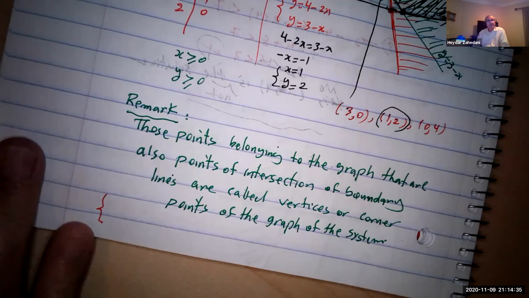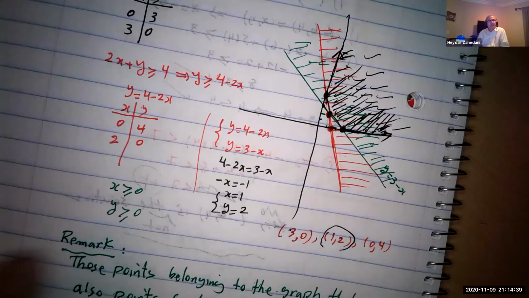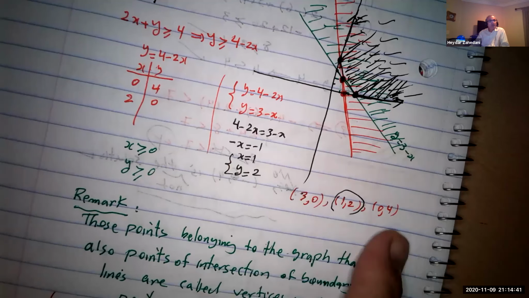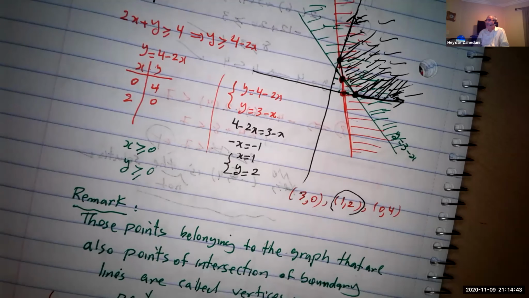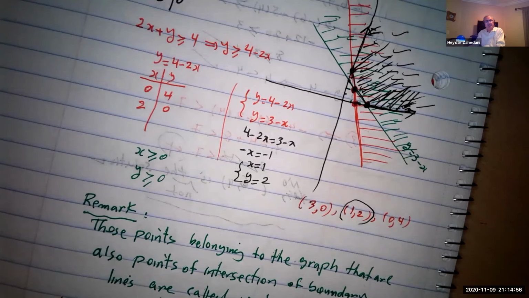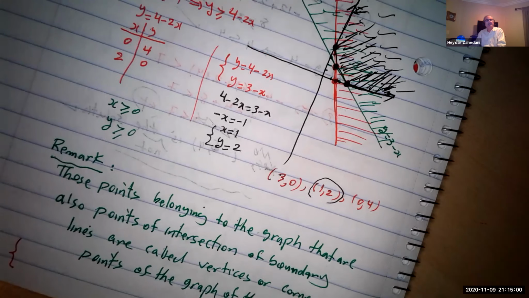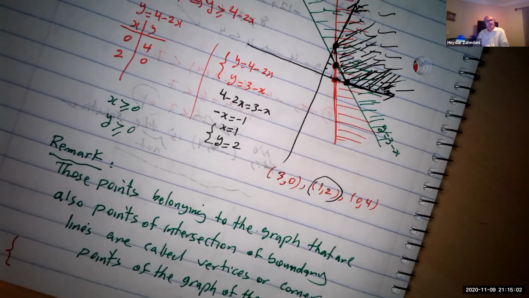If you want to find the maximum and the minimum in this region, you just got to check these points only. That's why we are going to be very much interested in them. But we talk about it on Monday, when you're coming back. So just get to know them. If you haven't seen it before, just check a couple of problems in this section, and then we do it when you come back.